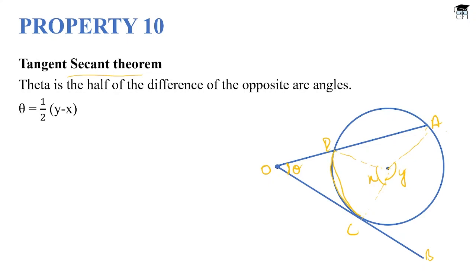So for arc AC the angle would be Y, and for DC the angle would be X. So what will be the value of theta? Theta is also half of Y minus X.